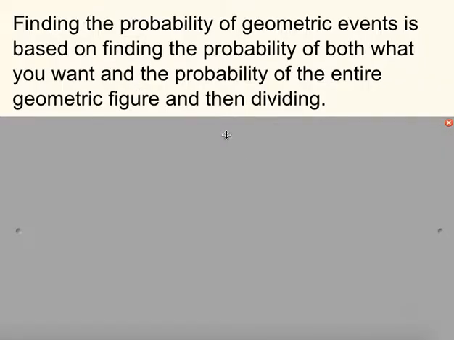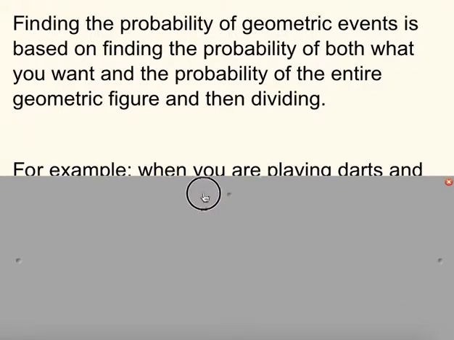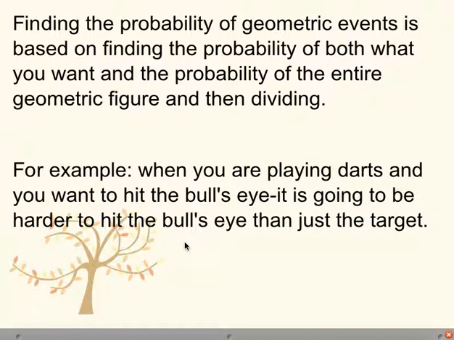Finding the probability of geometric events is based on finding the probability of both what you want and the probability of the entire geometric figure, and then dividing. So for example, if we have a dartboard, if we want to hit the bullseye, it's going to be harder to hit that than just the whole target.